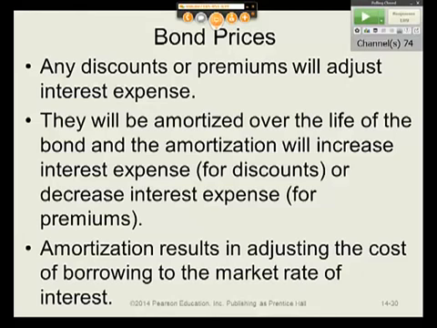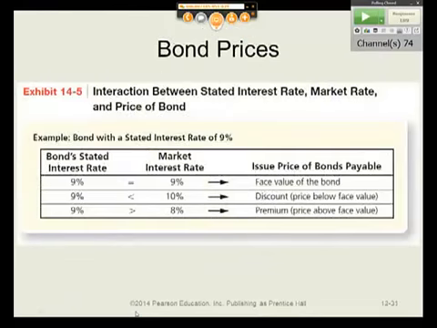But for accounting purposes, we need to allocate that premium to each interest period. That allocation process is known as amortization. Discount amortization is going to increase interest expense. Premium amortization will reduce interest expense. And that's exactly what you're seeing here.